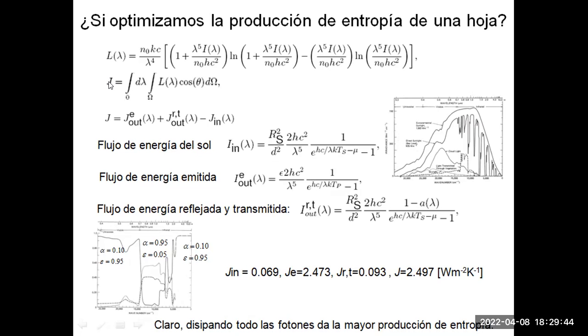So we can calculate what the entropy coming into the system would be. That's the incident light from the sun, given the solar spectrum. So this is the solar spectrum of the sun at Earth's surface. This just accounts for the solid angle factor. Now, this is the radius of the sun squared over the distance between the Earth and the sun.